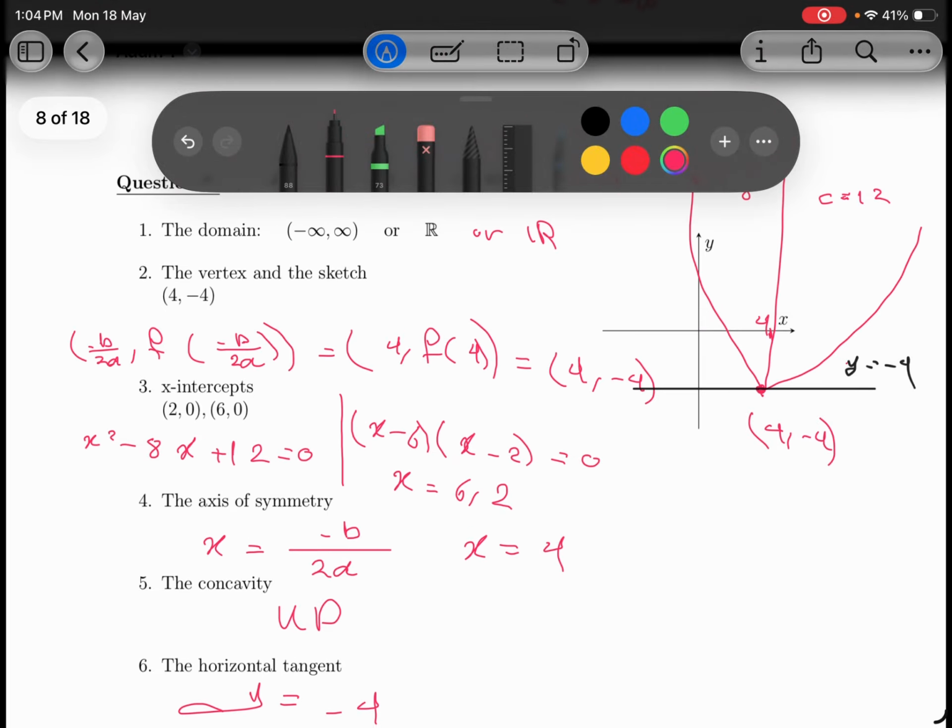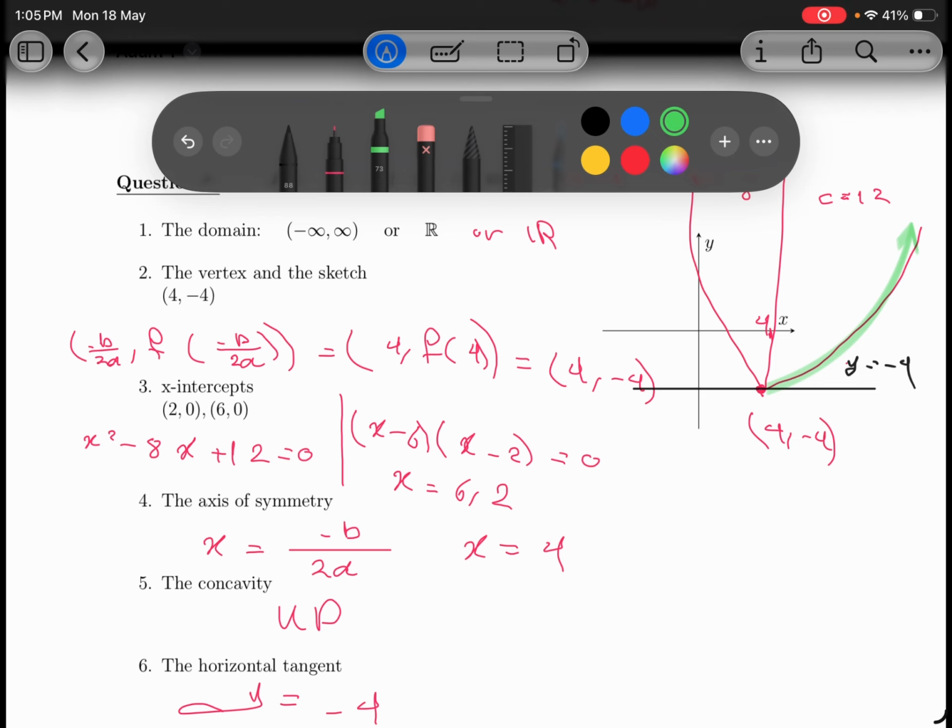So the increasing interval: it's obvious that this function is increasing over this subinterval. This part of the function is increasing, as you see, right? The increasing journey started from 4, not minus 4, because we are looking at the x-axis.